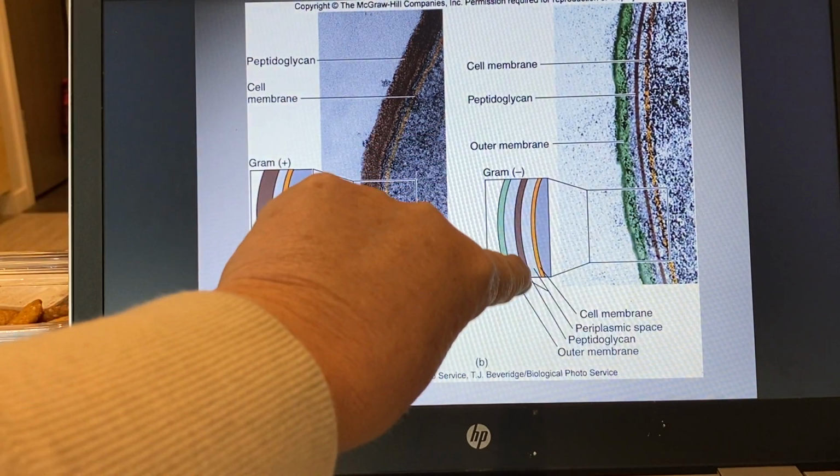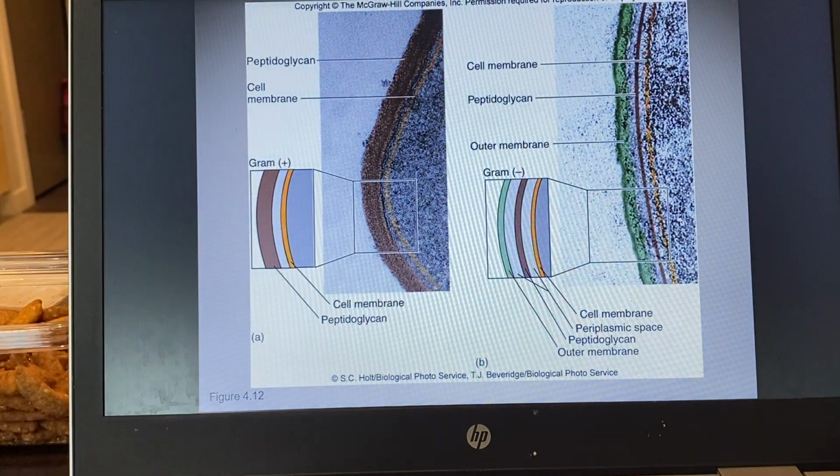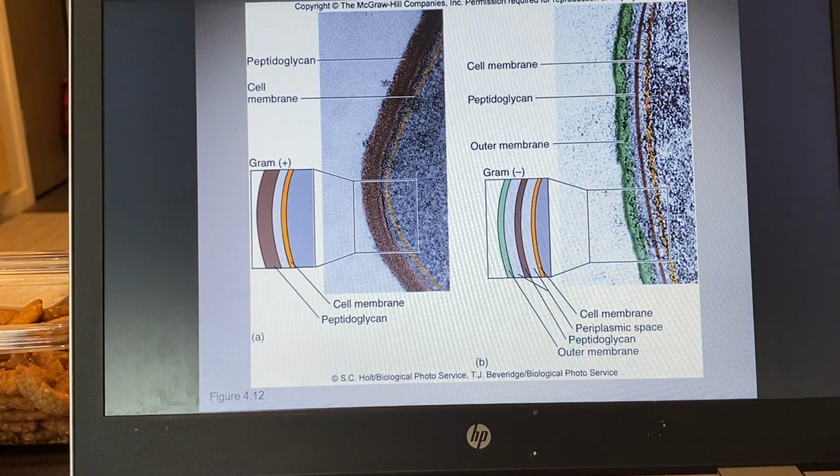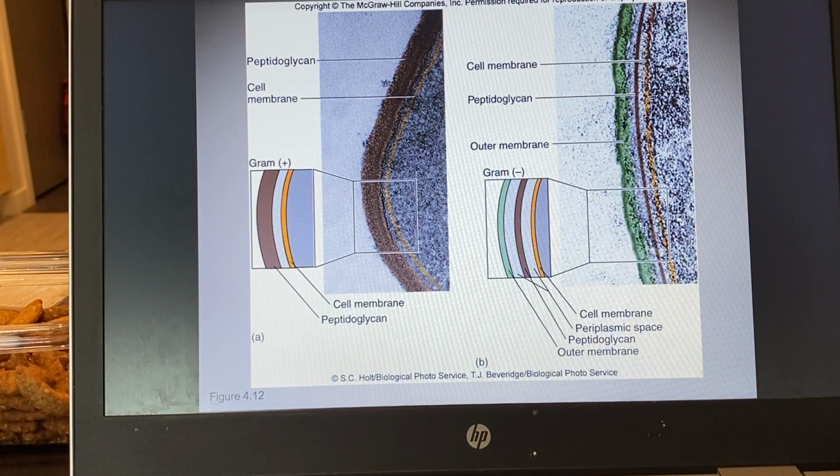Gram-negative bacteria have a very thin layer of peptidoglycan, but then have this little extra outer membrane, which looks like your cells. And so gram-negative bacteria are actually much better at evading your immune system. Once again, not forever, but maybe it buys them an extra 24 to 48 hours. And that's a lot of bacteria that can be produced within 24 to 48 hours. So it gives them a head start on causing a more serious infection.